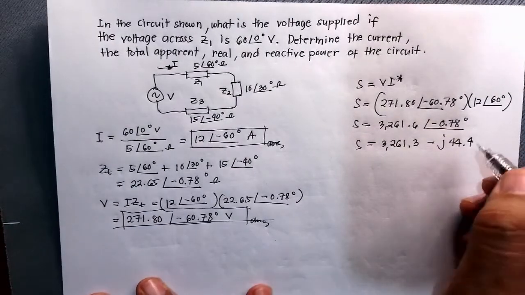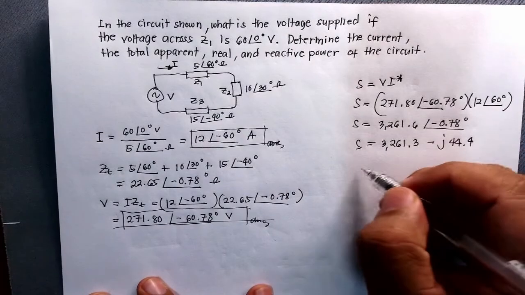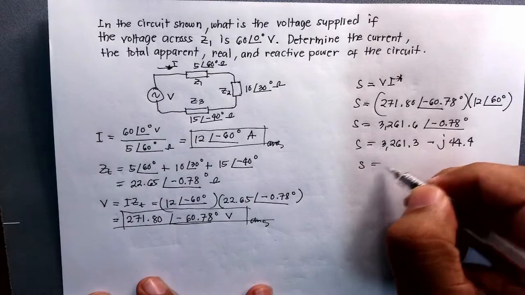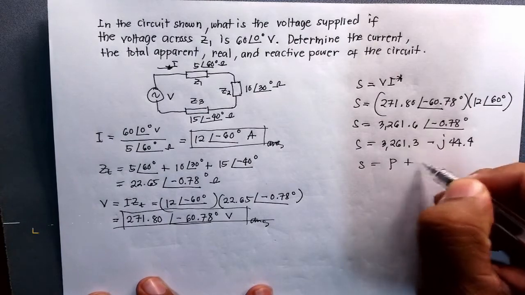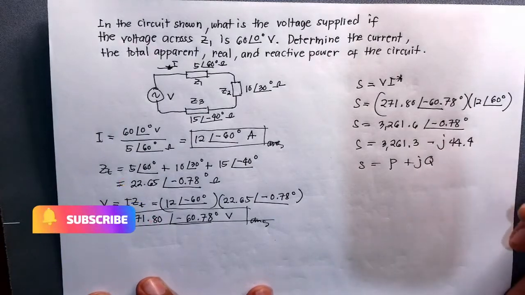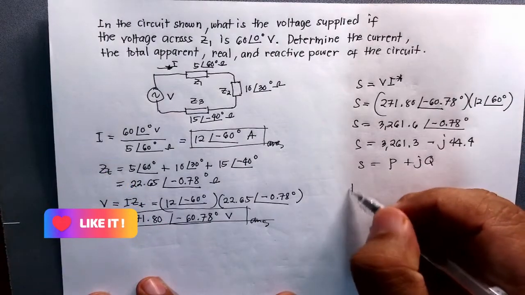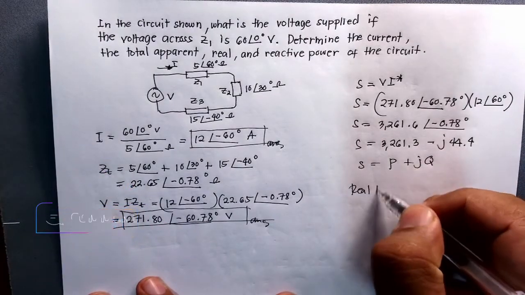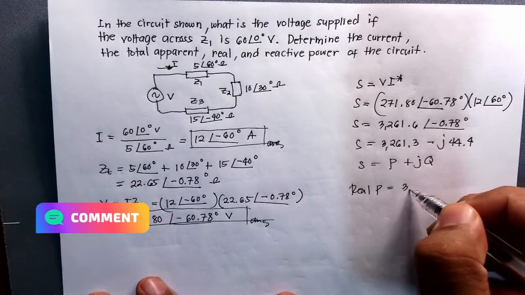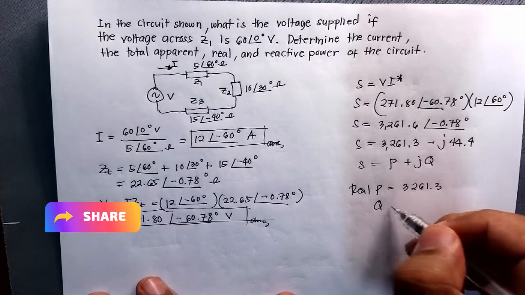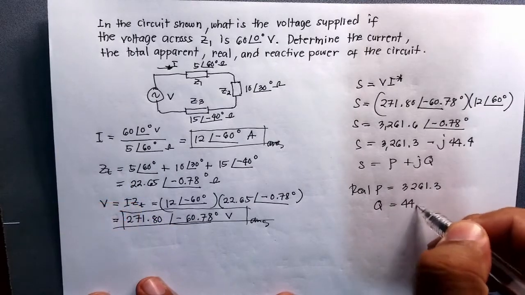So the complex power, which is P plus jQ. It means that our real power is equivalent to 3,261.3, and the reactive power Q is negative 44.4.